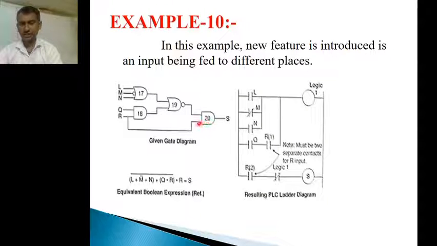So first I write this representation. What is that representation? OR gate. OR gate means L, M bar and N. All are connected to the OR gate, so we can connect them as a parallel combination. M bar means a normally closed contact. So L, M bar, N are connected in parallel. Also we can get this output.